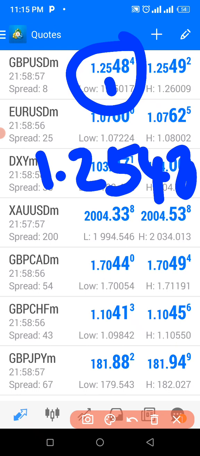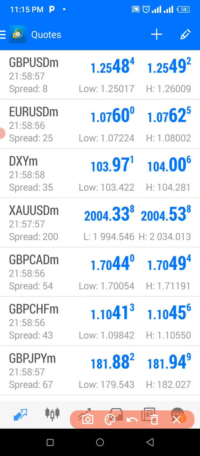The pipette is a fractional part of the pip itself. It is infinitesimal and not so important, so we normally neglect it most of the time. Our pip is concentrated on the fourth decimal point, because the pipette is highly infinitesimal. So we have that in place, and then there are some other pairs. This is the Euro USD.